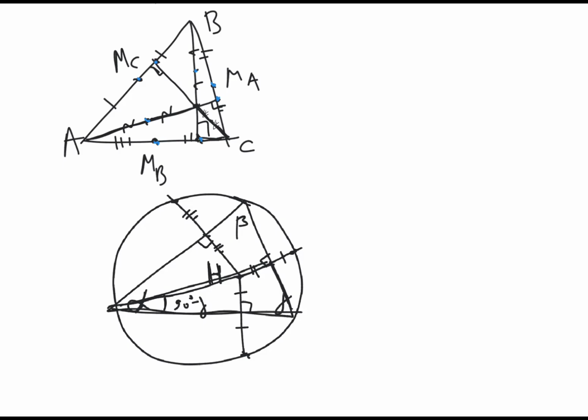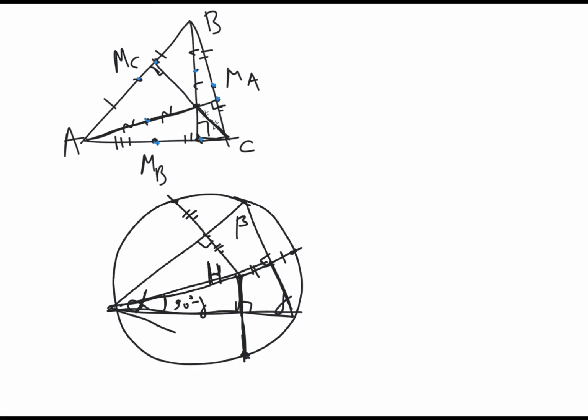For now we forget that these are reflections, so we just extend the altitude until the intersection with the circumcircle, and we will prove that these two segments are equal to each other. That's how we will establish that.